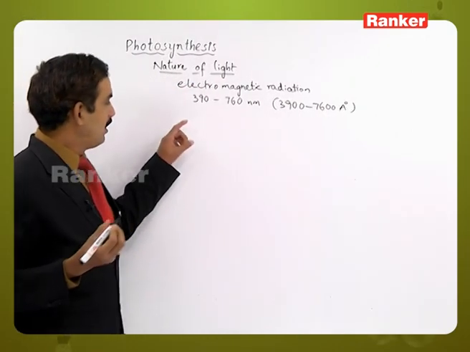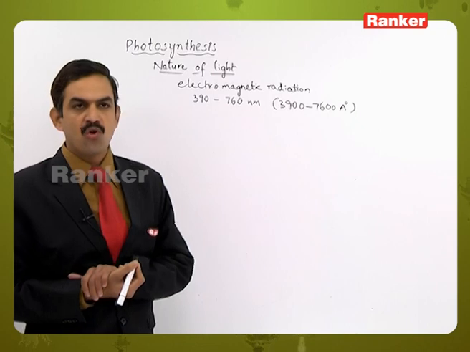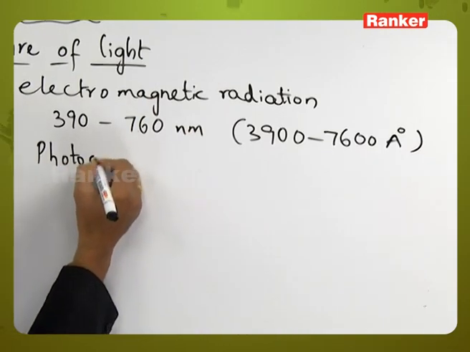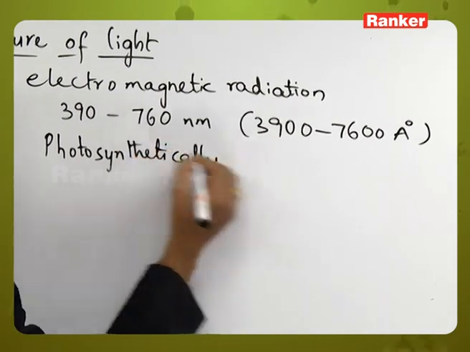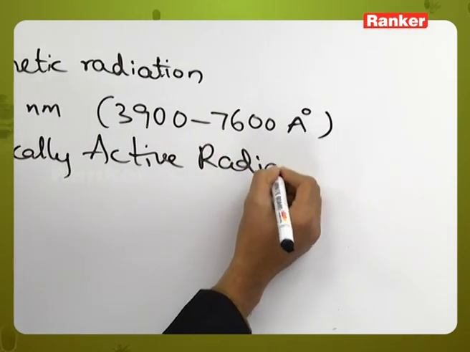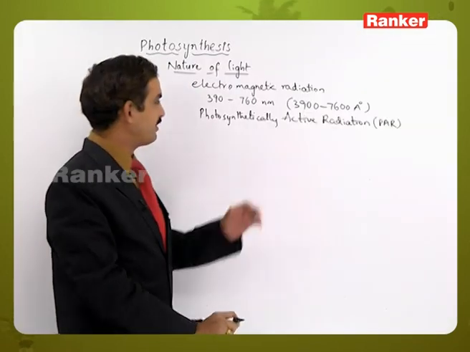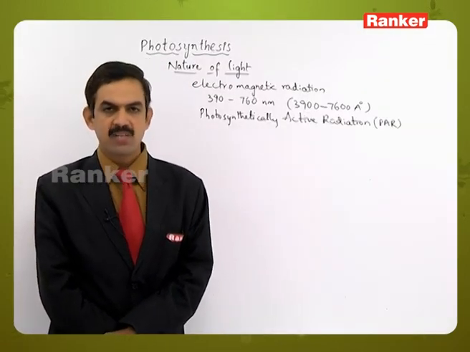This radiation we call photosynthetically active radiation, because it is the wavelength of light where the maximum photosynthesis is possible in the plants.